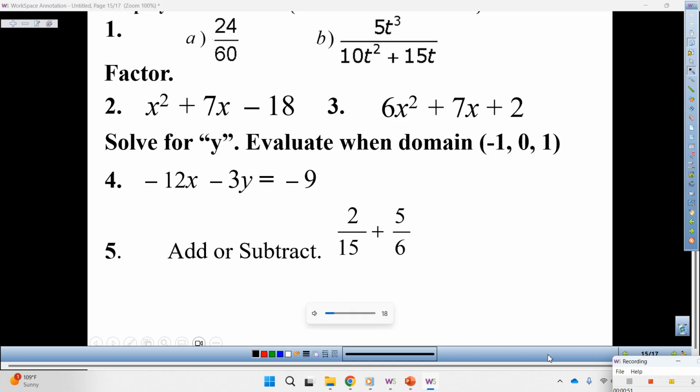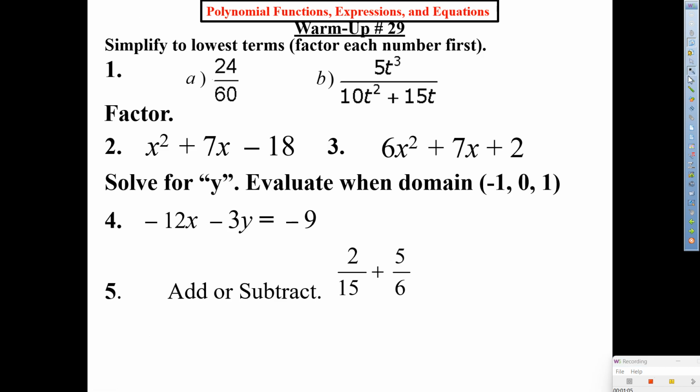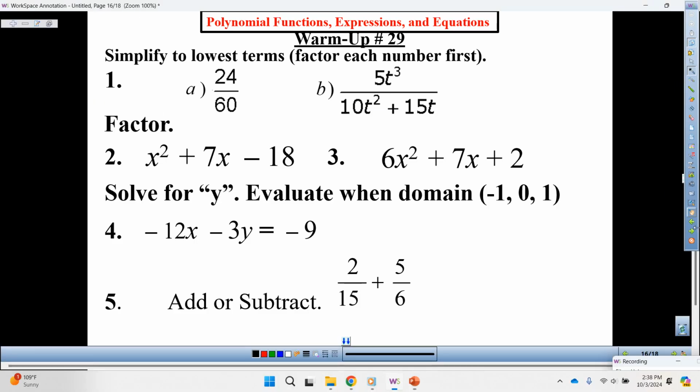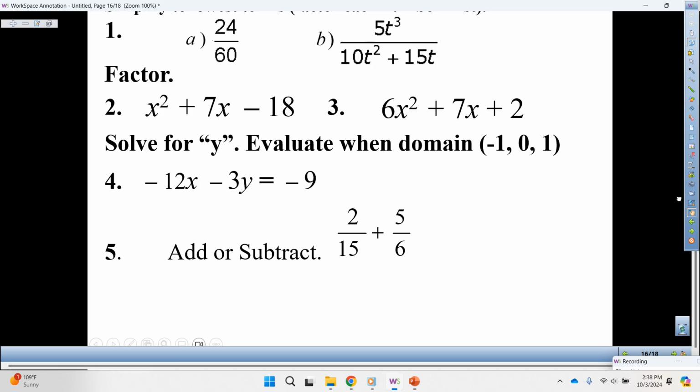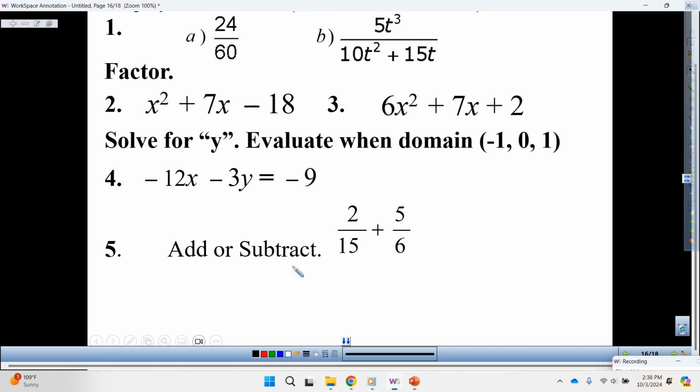All right. Here we go. We should be just about done with that warm-up. Let's go with Citlali. All right, Citlali, what was your GCF for 24 and 60? 4.